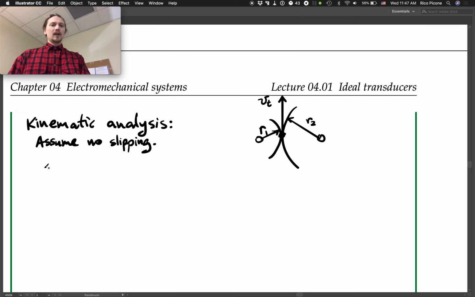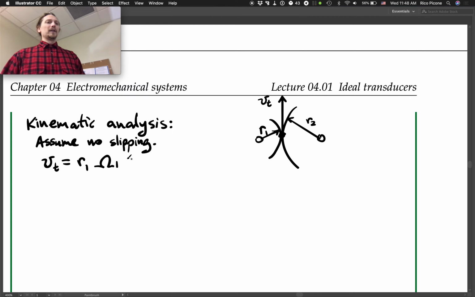So we can say that Vt for this smaller gear, R1, is going to be equal to what function of the angular velocity of gear 1? It's R1 omega 1.